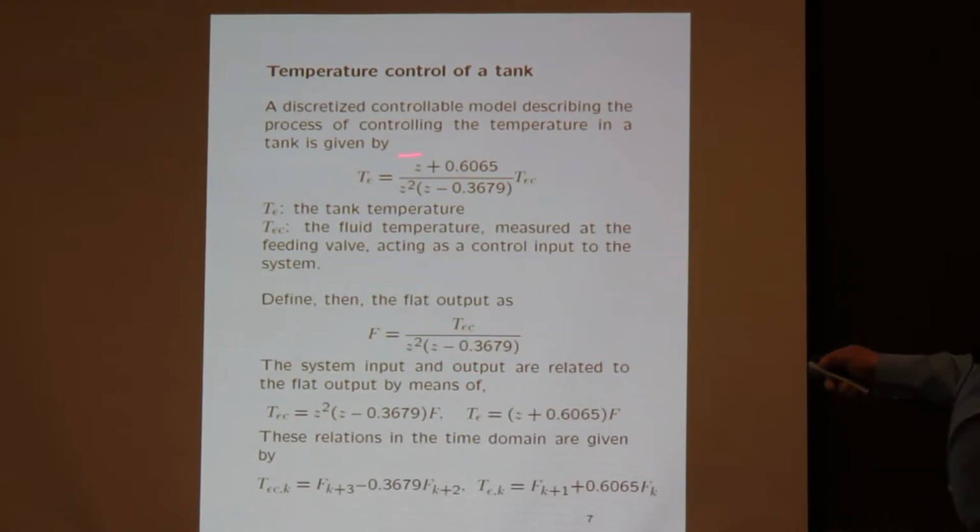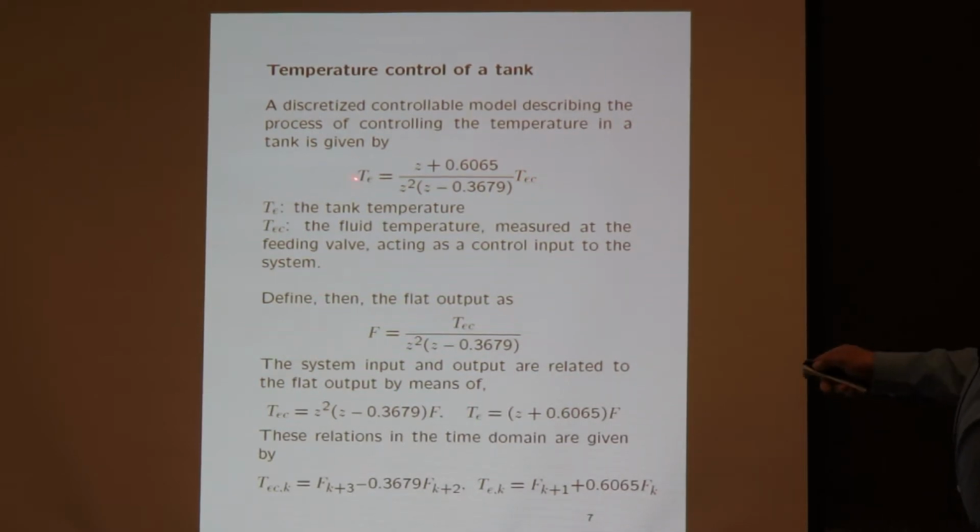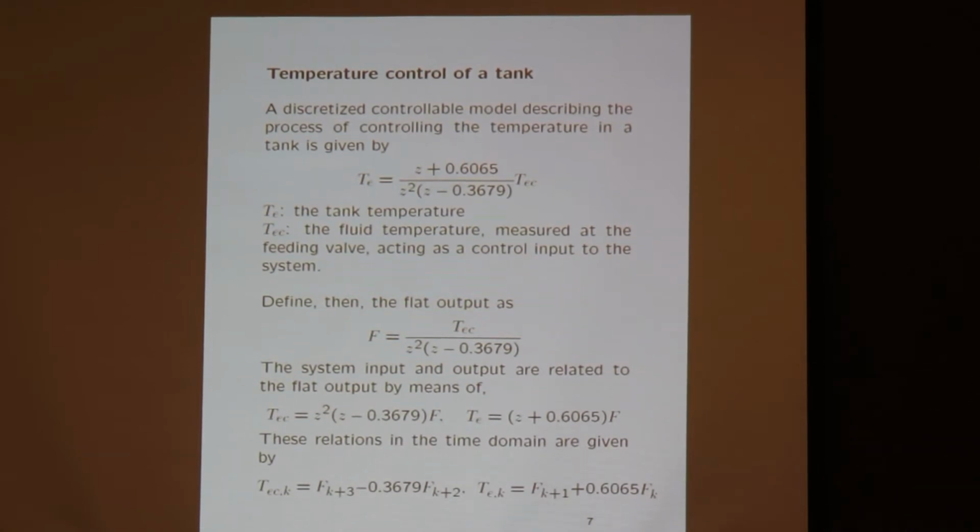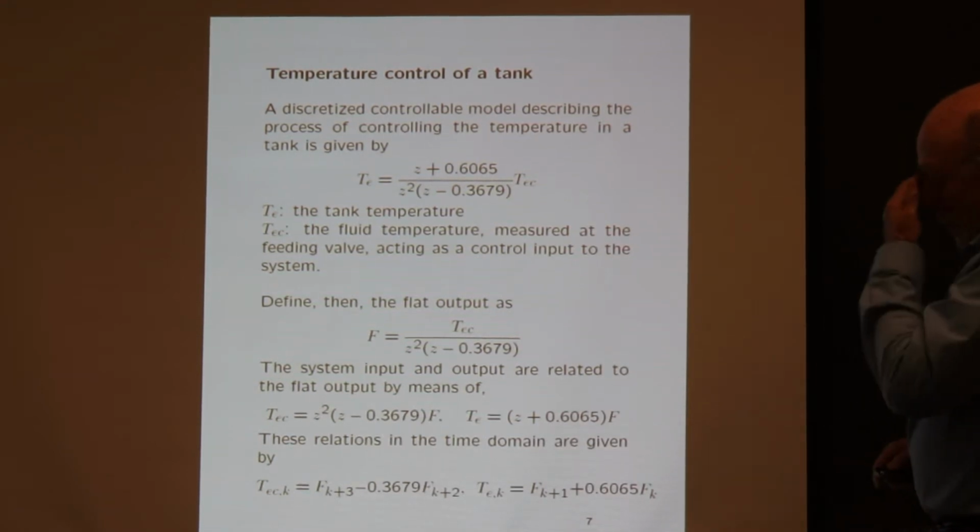So we can obtain the representation of the input temperature and the output temperature in terms of that flat output F. So for instance, the input temperature will be the flat output times this polynomial. And the output temperature will be the flat output times this polynomial. So we have a complete difference parametrization of the input and the output in terms of time shifts of the flat output.